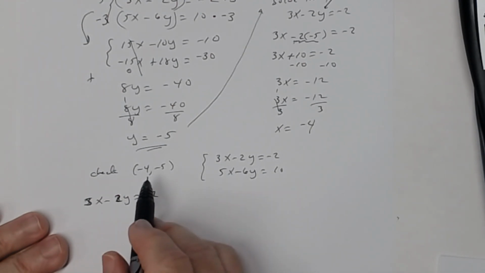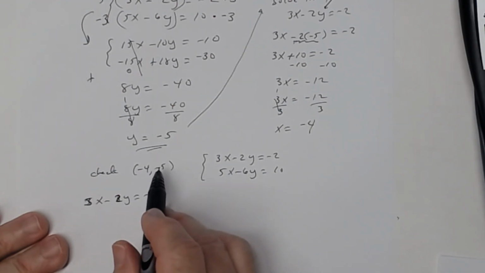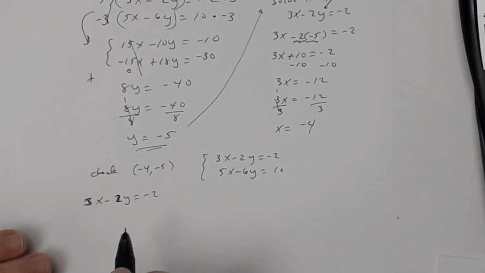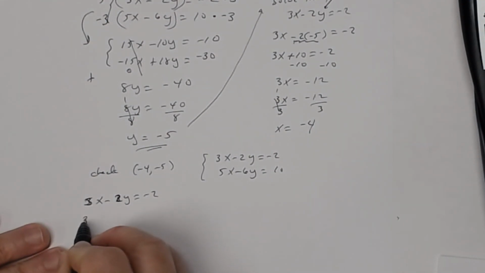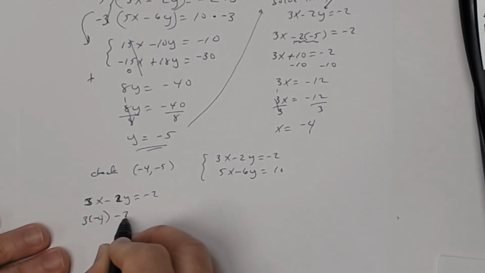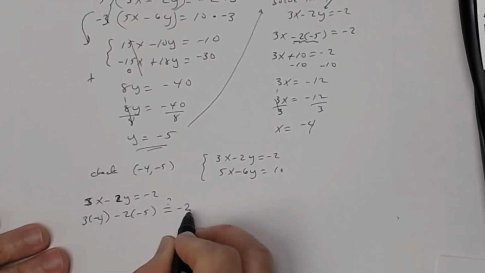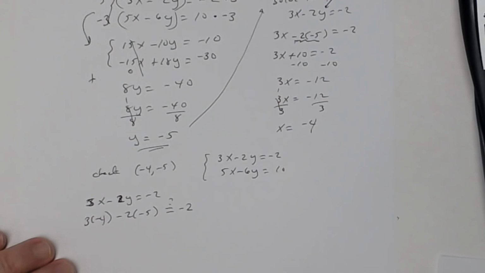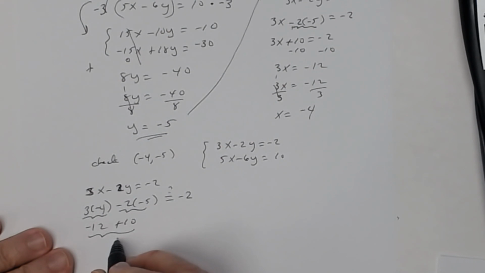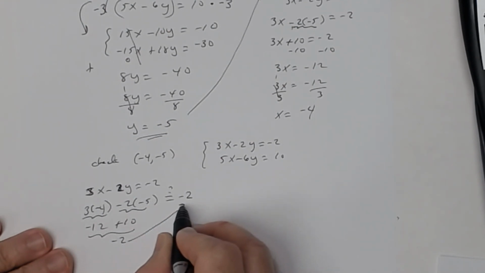That's the first one. So in place of x, I'll substitute negative 4. In place of y, I'll substitute negative 5. So 3 times negative 4 minus 2 times negative 5. And I want to see if that left-hand side is going to equal negative 2, the right-hand side. 3 times negative 4 is negative 12. A negative 2 times negative 5 is a positive 10. Negative 12 and a positive 10 is a negative 2, which is what you wanted.